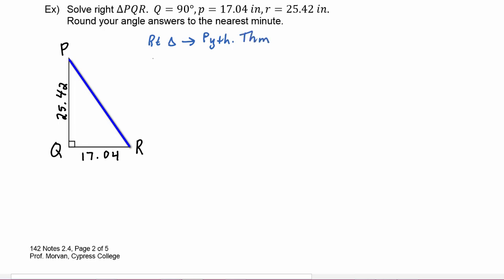So we know that 17.04 squared plus 25.42 squared is going to have to equal lowercase q squared.